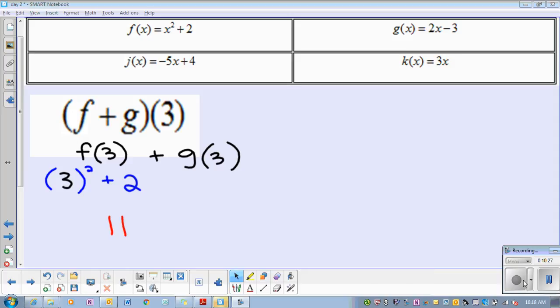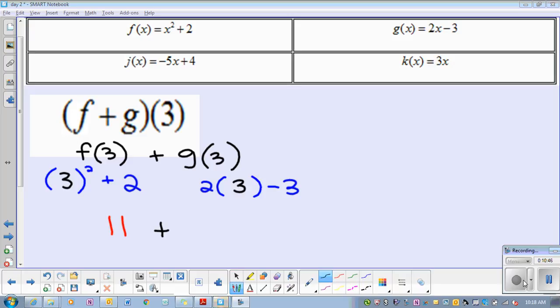Yeah? All right. Plus, let's do our g function. So g says 2x minus 3. But instead of that x, what am I plugging in? 3.